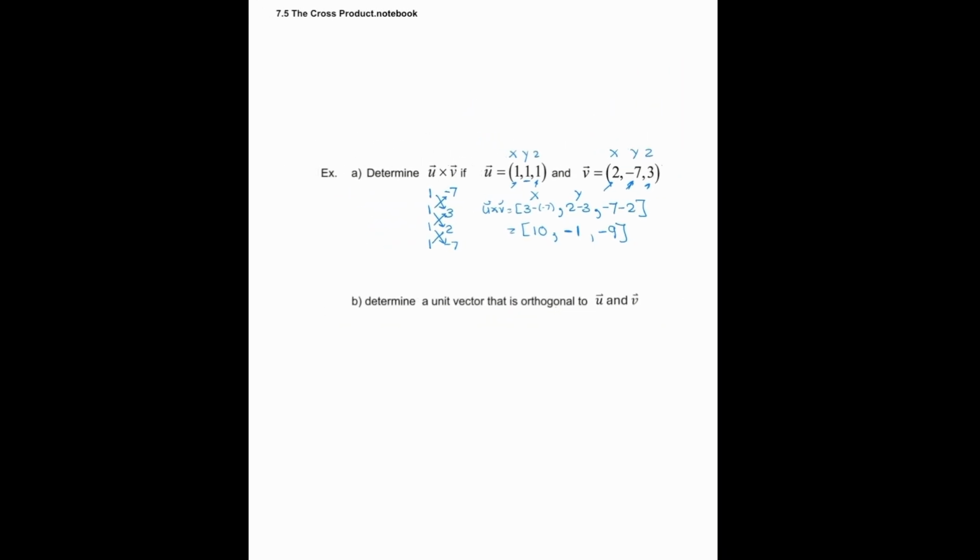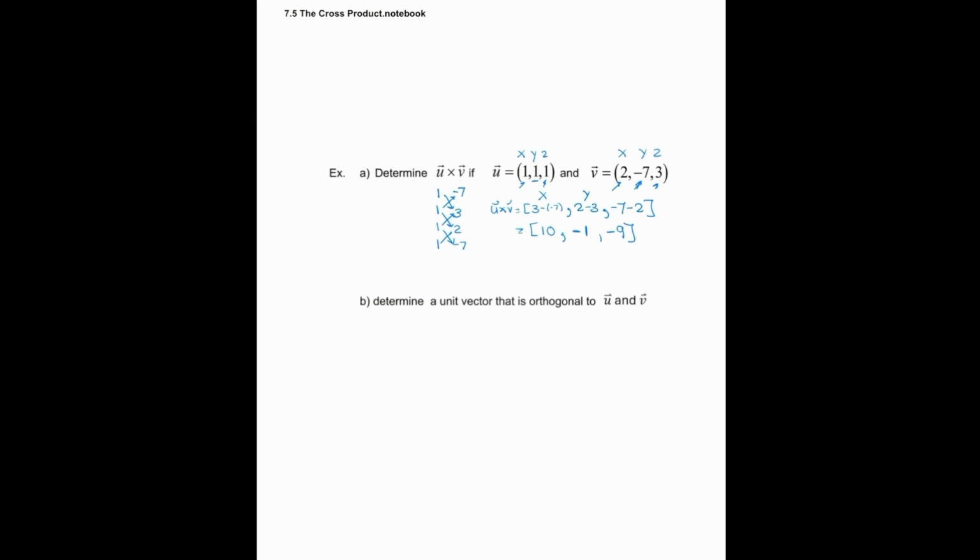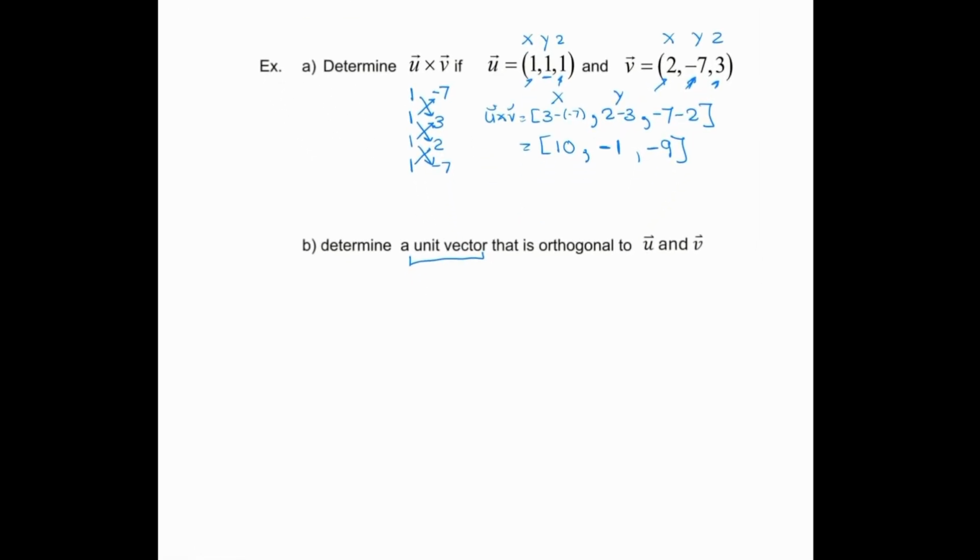So now the next part of this question says determine a unit vector that's orthogonal to u cross v. Well, the unit vector will be orthogonal to u cross v. So really, orthogonal, remember, means perpendicular. And when I'm finding the cross product, I'm finding a vector that's perpendicular.